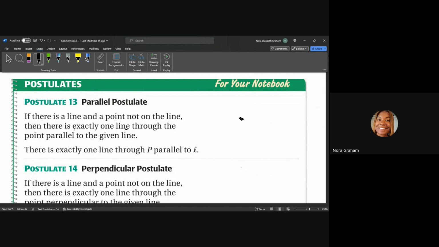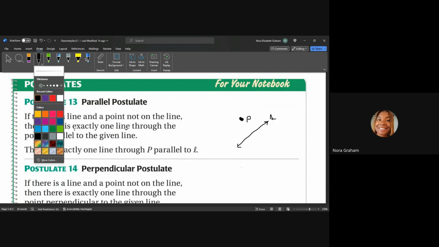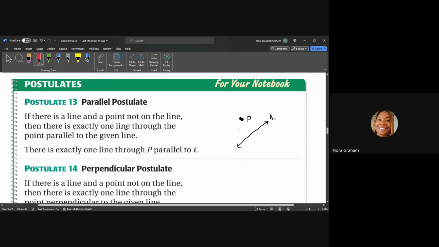So if I have a point P and a line L, and that point P does not lie on my line L, then what they're trying to say is that there's only one line that I can draw through my point P that will absolutely be perpendicular, or my apologies, parallel to L. Only one line.